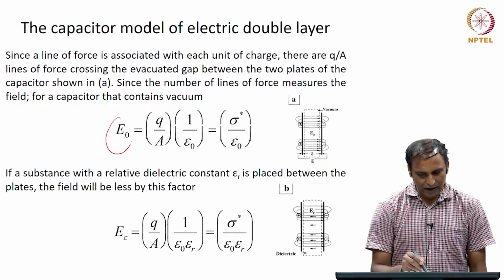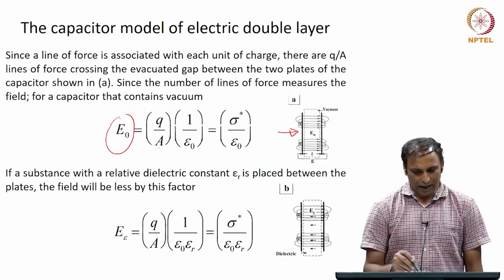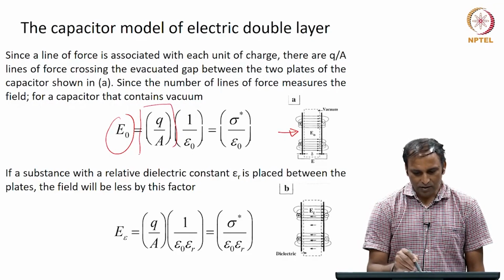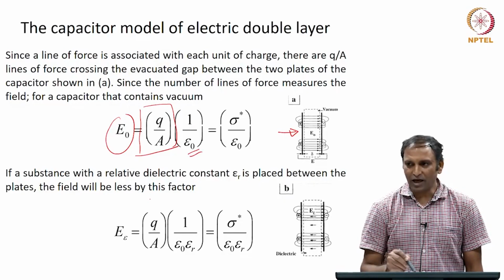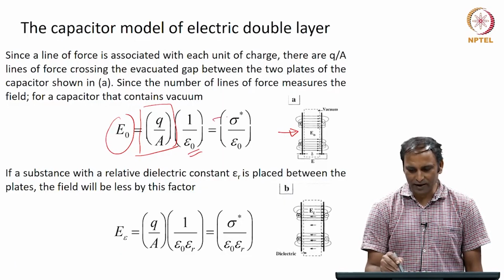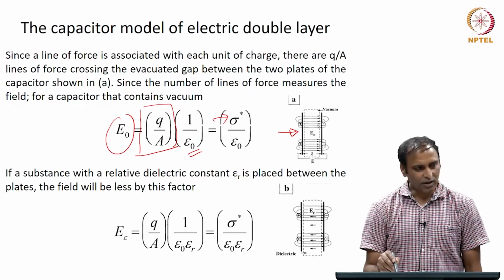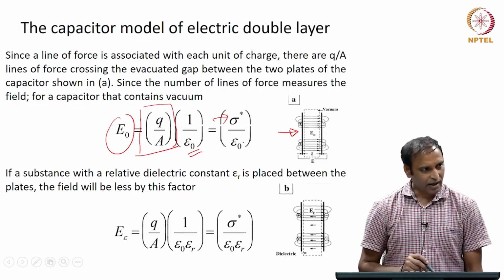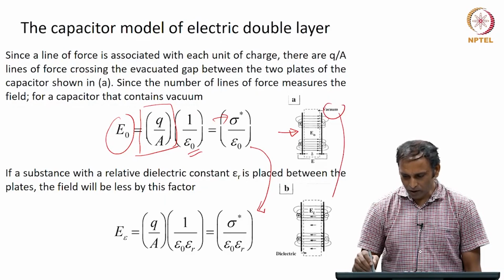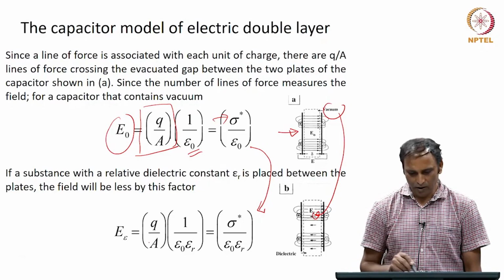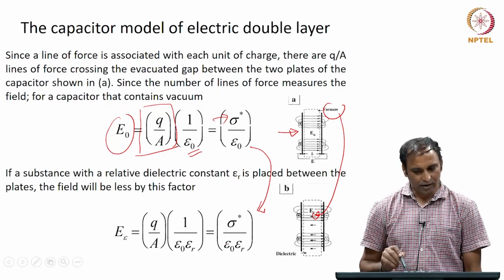So, this electric field that is generated, in the case where you have vacuum, I can write as the surface charge density multiplied by 1 over epsilon naught. Because Q by A is defined as sigma star, E naught essentially becomes sigma star divided by epsilon naught. And similarly, if I replace the vacuum with a medium with a permittivity epsilon, I am going to write E as sigma star divided by epsilon naught epsilon r.